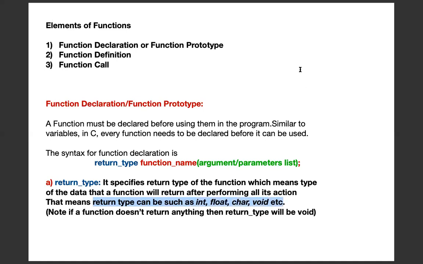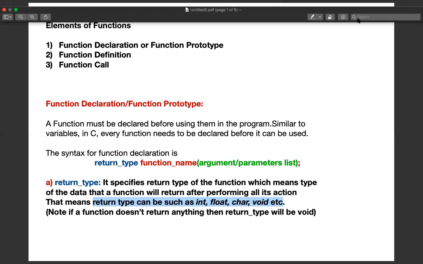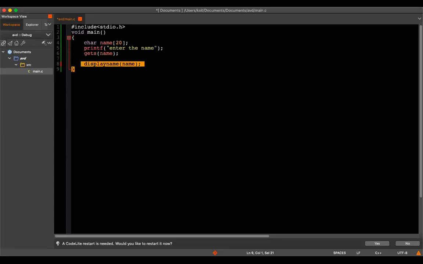Let us not worry much about it. Let us go back to the program and declare it with one type. I'll speak about return type later in this module, so you can clearly understand what return type means. So our first foremost job is to declare the function.